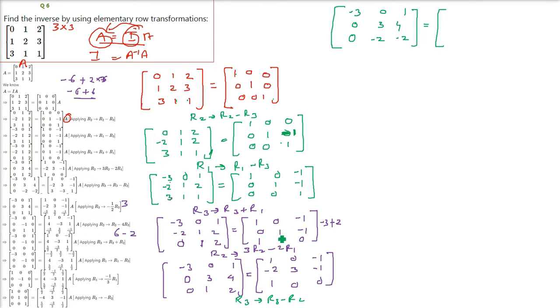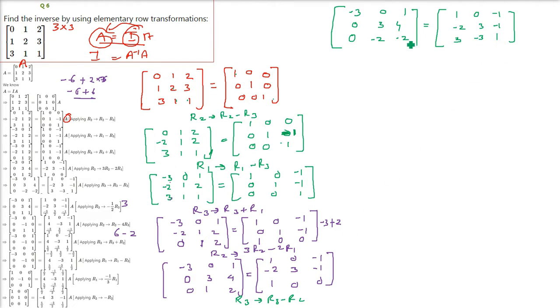Here also, the first and second row you can just write like that. 1, 0 minus 1, minus 2, 3 minus 1. Then 1 minus of minus 2 is going to be 3, and 0 minus 3 is going to be negative 3, and 0 minus of minus 1 is going to be 1.